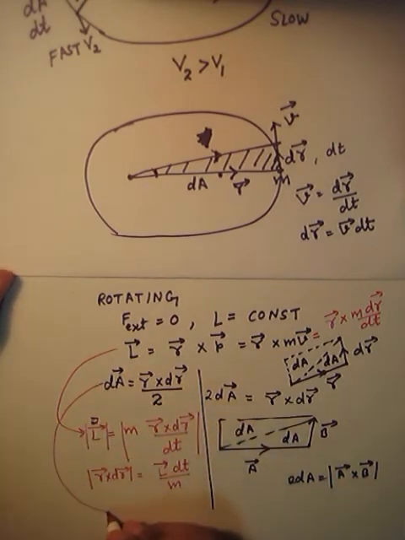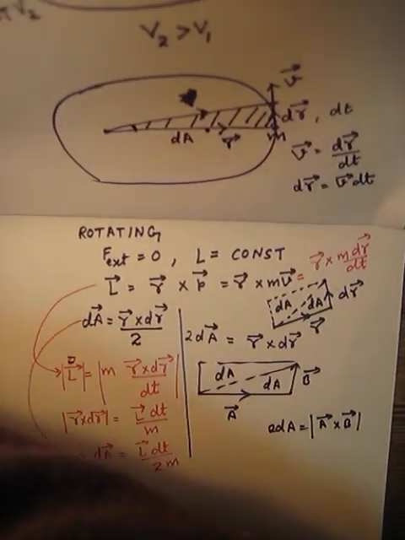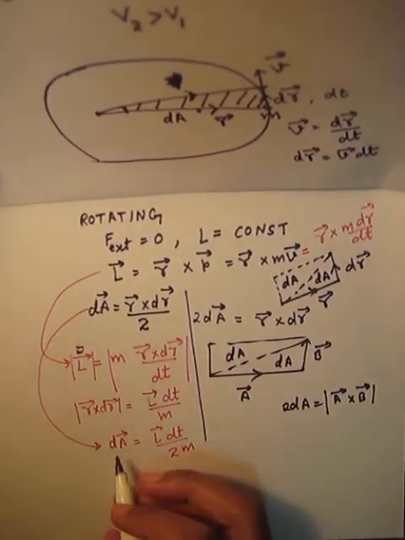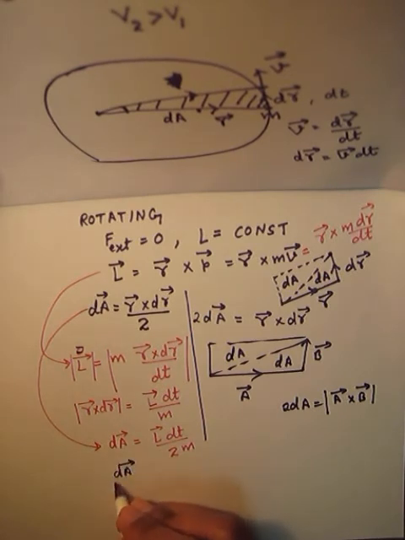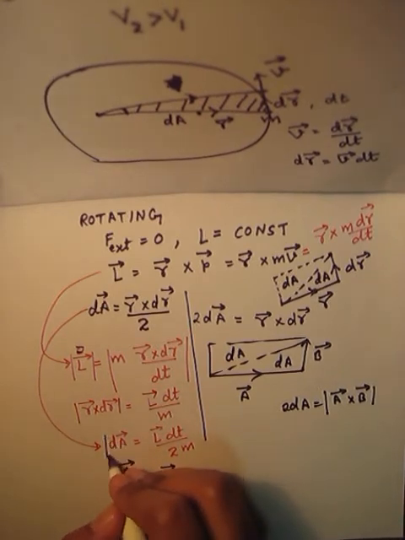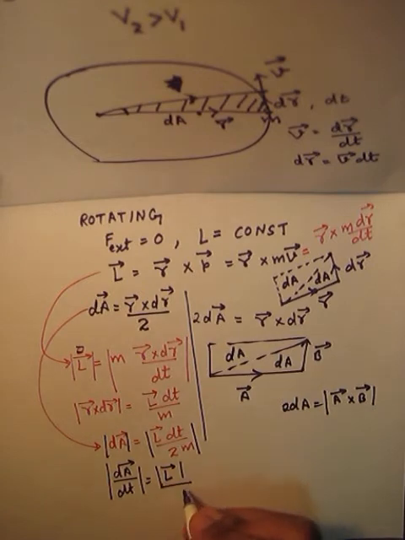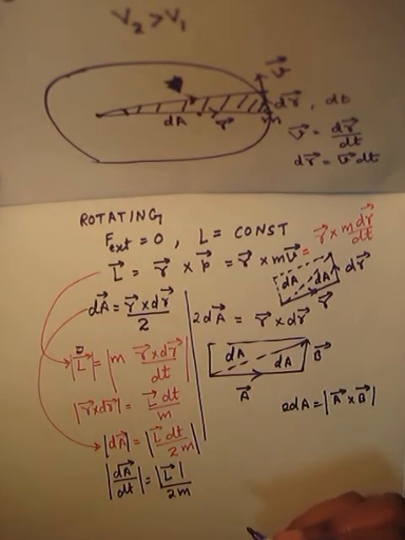Just put the value here, and dA will be equal to L dt upon 2m. And therefore dA upon dt will be equal to L upon 2m, where we are talking about the magnitudes.